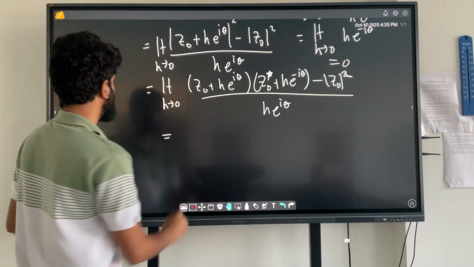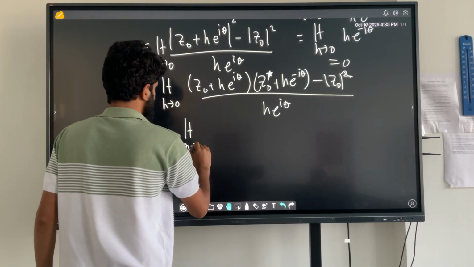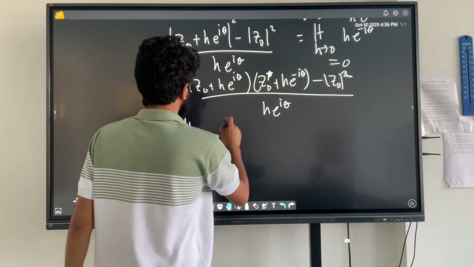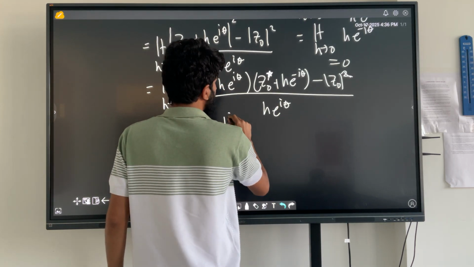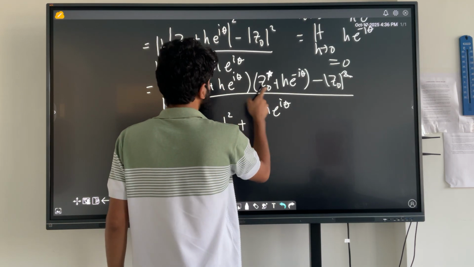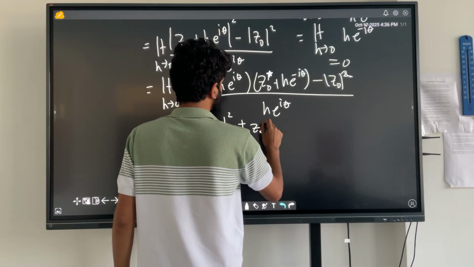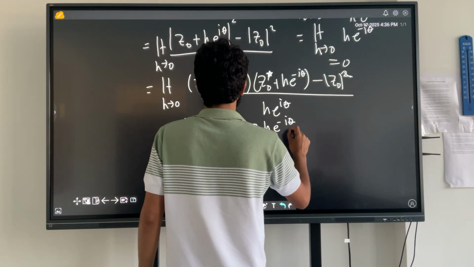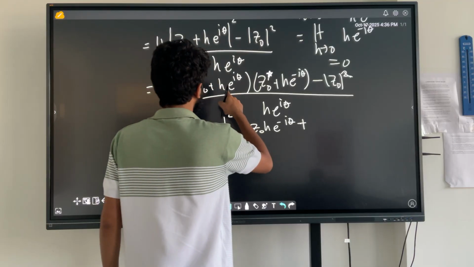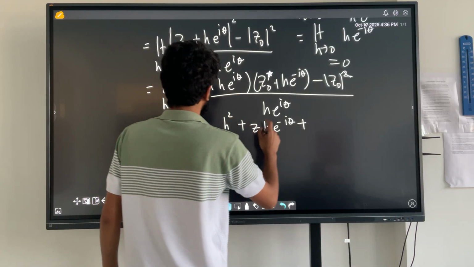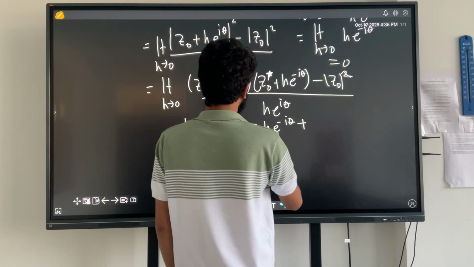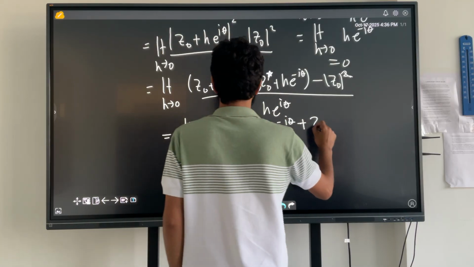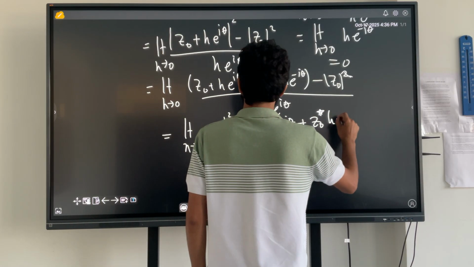Can you please multiply? I will get h square, plus z naught h e^{-i theta}, plus z naught star h e^{i theta}.